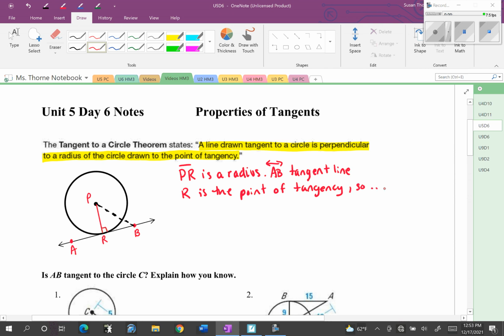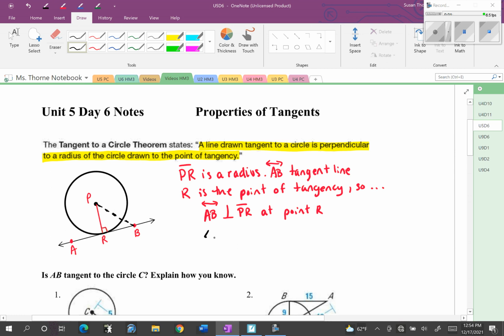So that means that AB is perpendicular to PR, the radius, at point R. So that's what that says. And then we can also draw this triangle that you see right here.